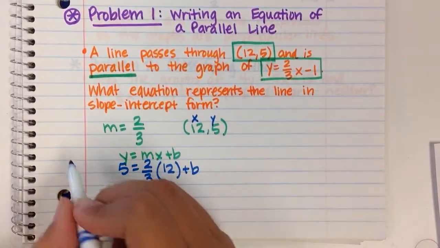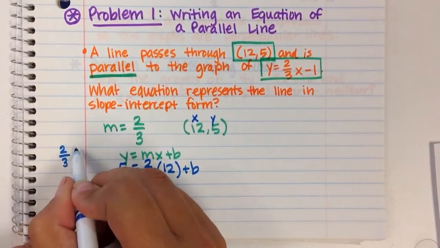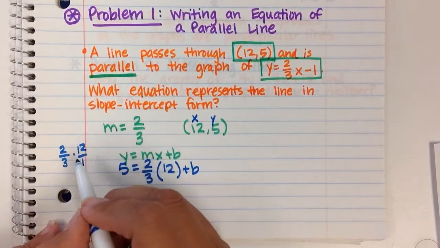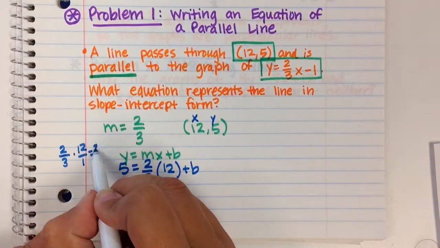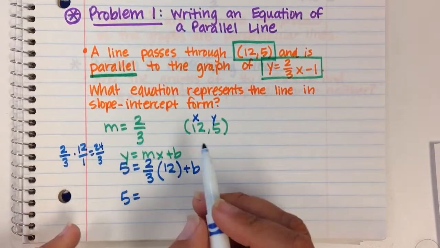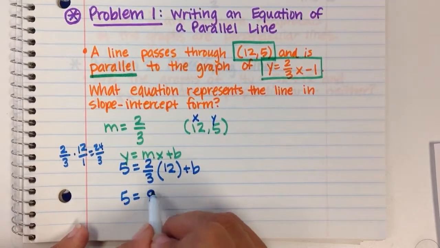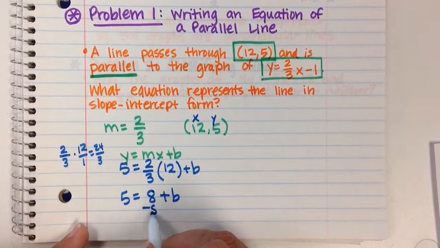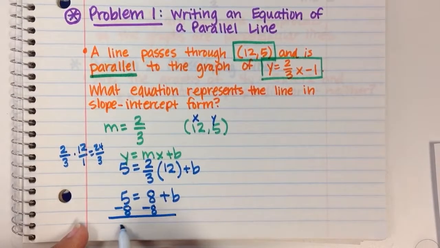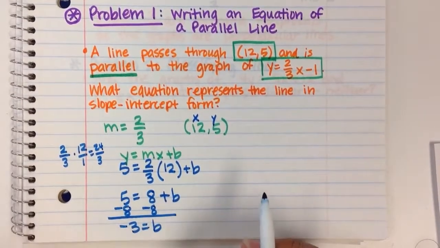What's 2/3 times 12? 2 times 12 is 24, divided by 3 is 8. So 5 is equal to 8 plus b. Subtract 8. And -3 is equal to b.